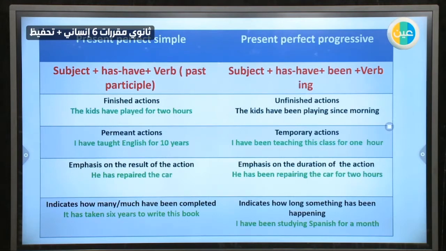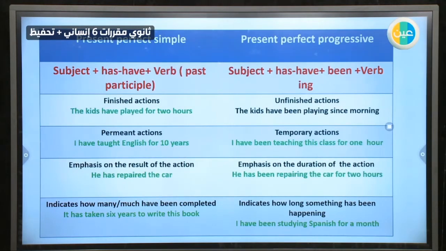Okay. Number 3, we use the present perfect simple to put emphasis on the result of the action. When you are talking about the result, not just the action, go for present perfect simple. He has repaired the car. What is the result here? Repaired the car. So use the present perfect simple.